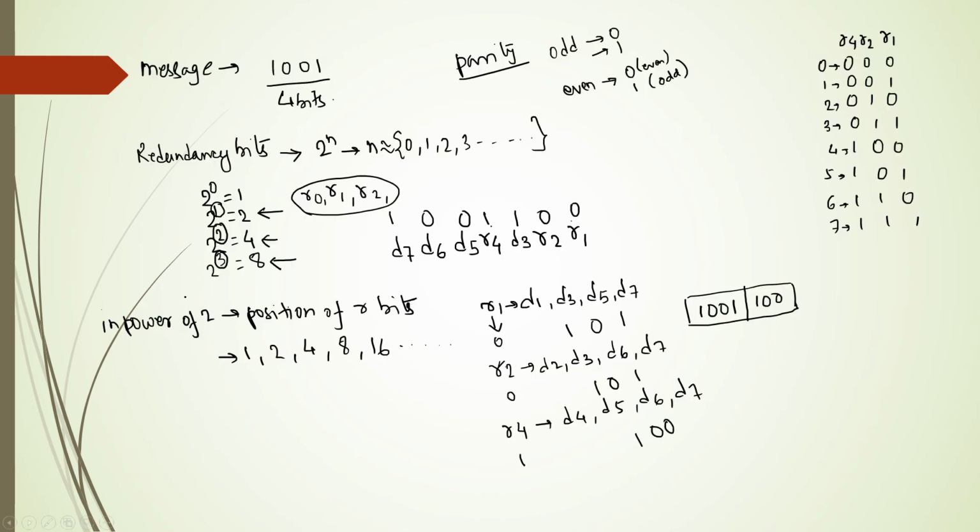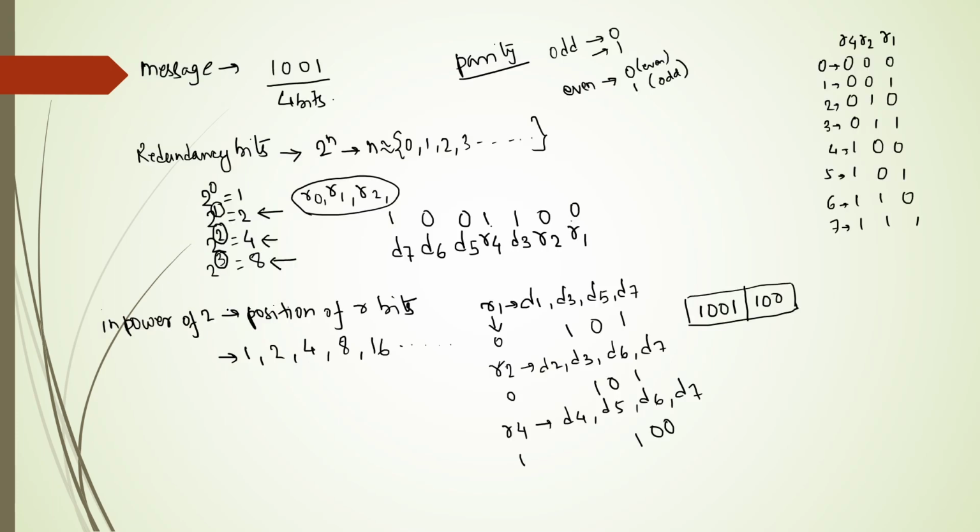Yes, sir. Okay, now the receiver, what will it do? It will just calculate the values of the redundant bits. Now let us check. For R1, it was 0, right? And for R1, what did we have? We had D3, D5, and D7. So we had 0. D3 is 1.